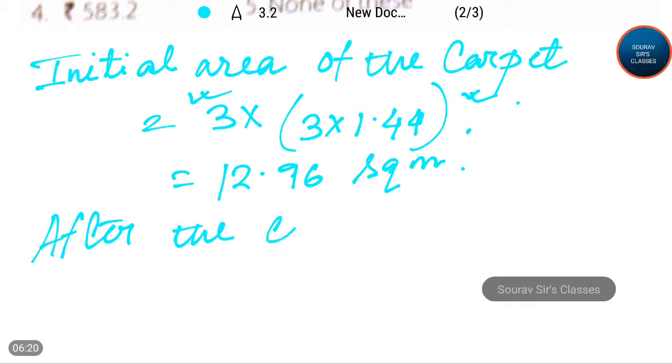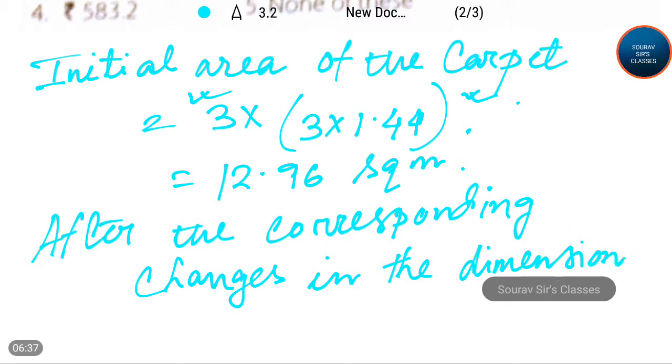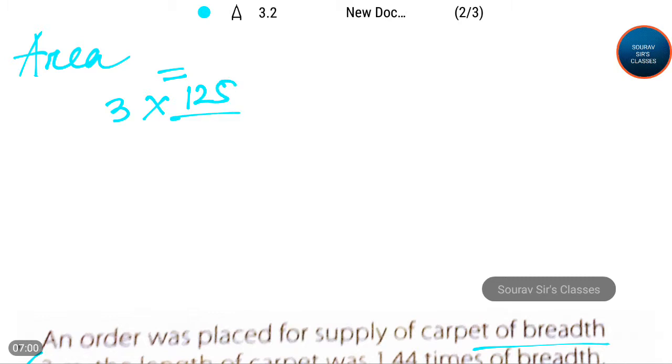Now, after corresponding changes in the dimensions, the area is now 3 into 125, because the breadth was increased by 25%.